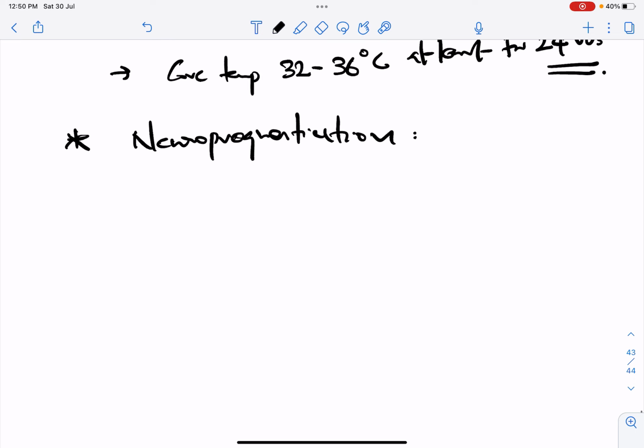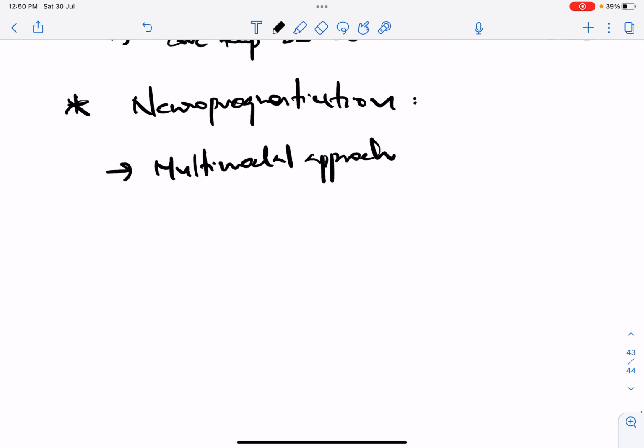There is a multimodal approach for neuroprognostication, because we cannot rely on a single value or a single parameter for neuroprognostication of a comatose patient. This multimodal approach includes the following things.